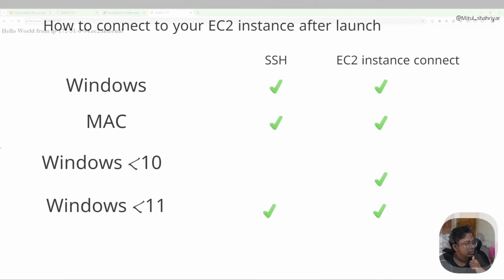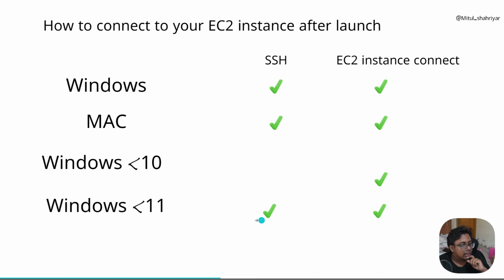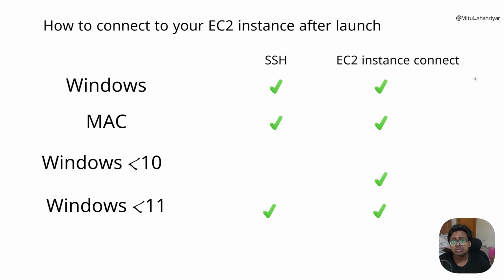If you're using Windows or Mac, you can obviously use SSH, and for Windows 10 or 11 or so, you can use SSH as well. But EC2 Instance Connect is another option which we will also show. Actually this works for anything because it basically works in the AWS portal, so you don't need to do it in your local system.